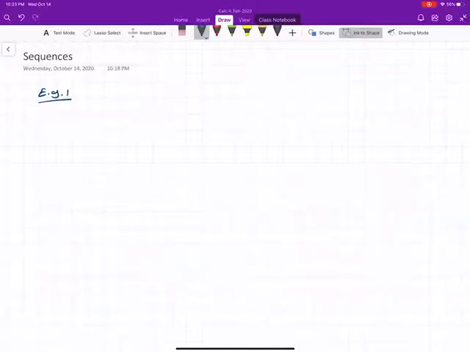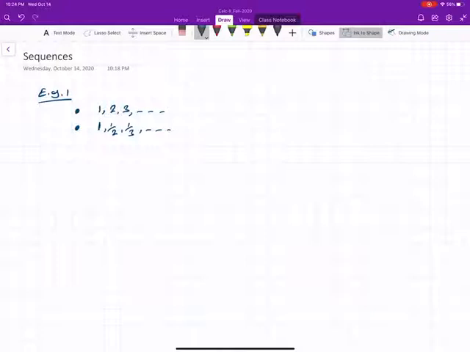Let's consider you have this set of numbers 1, 2, 3, and then you have this set of numbers 1, 1/2, 1/3. These are not just a set of numbers. These actually have some pattern.